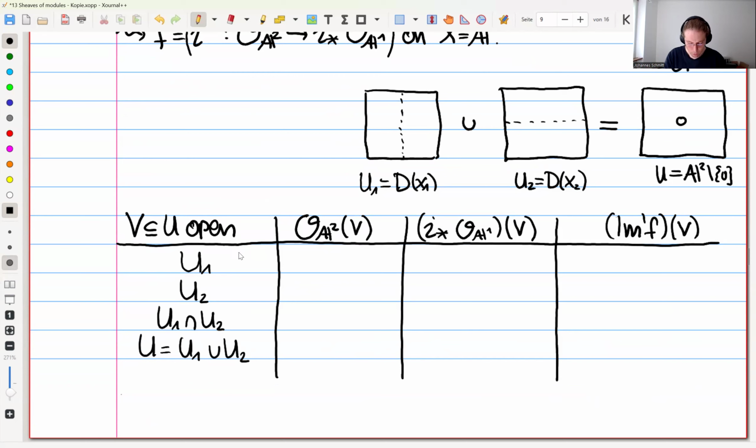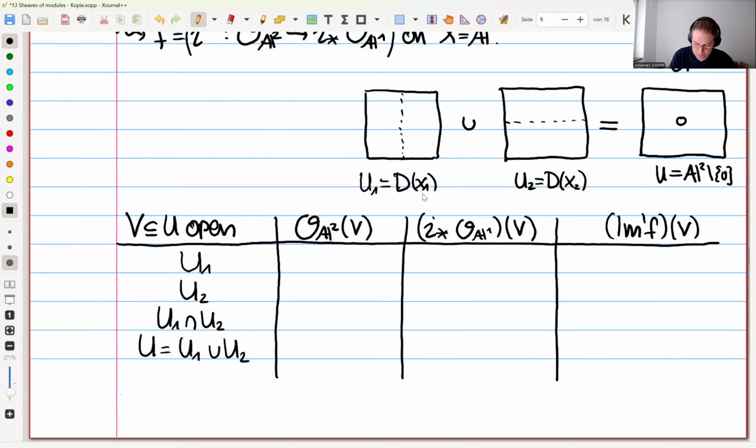Here you see some open subsets of U: this U1, U2, their intersection, and then also their union. Let's start to fill out what the different sheaves involved above have as sections there. So O of A2 on V is pretty simple. We have actually calculated this ourselves in all of these cases.